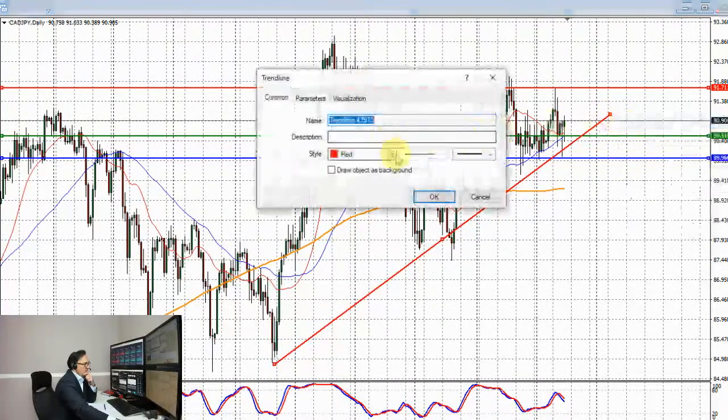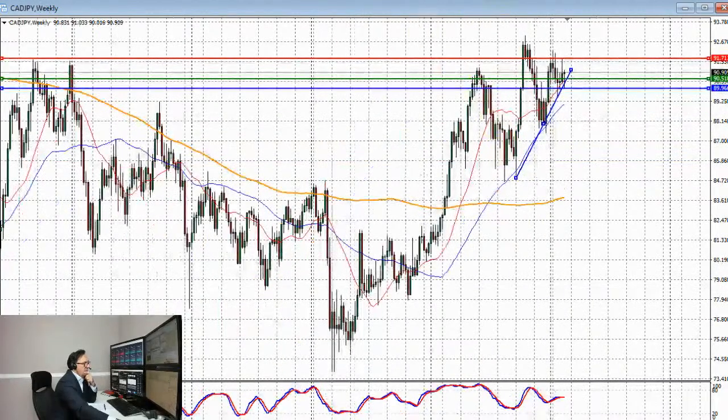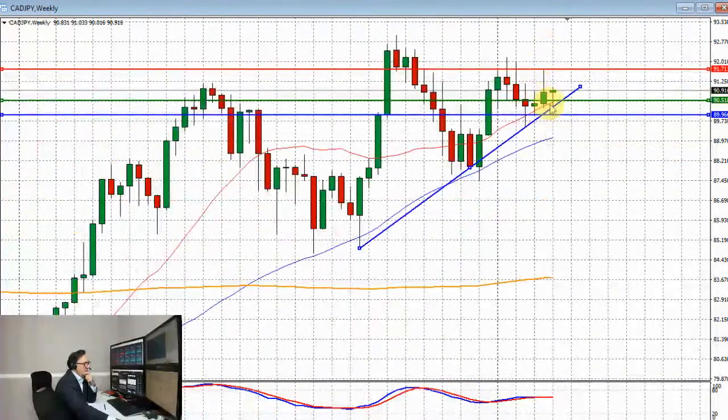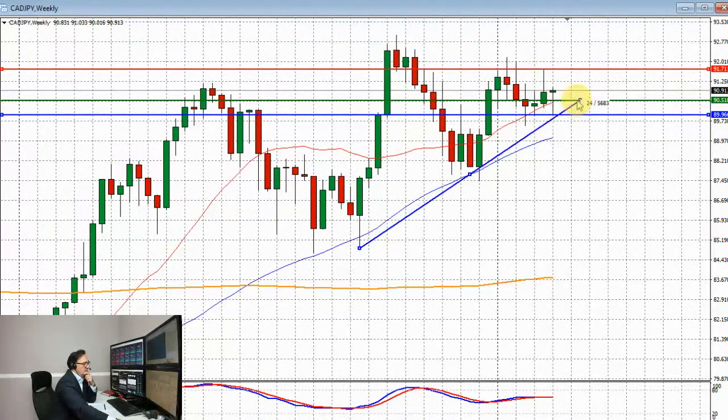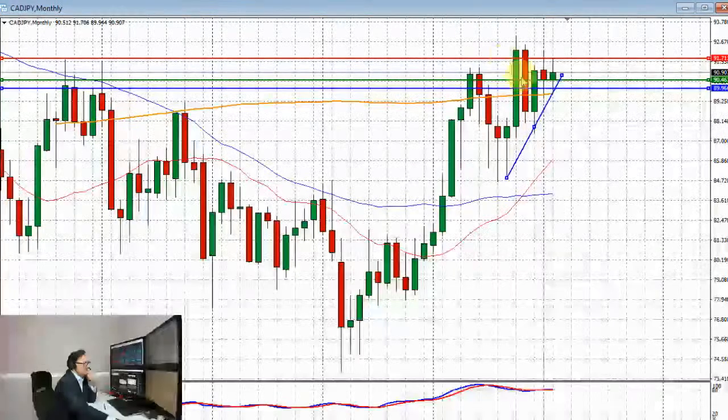So therefore we need a nice support trend line. Yeah, this is a good level. 90.50 is a good level. That's a good, really good level.